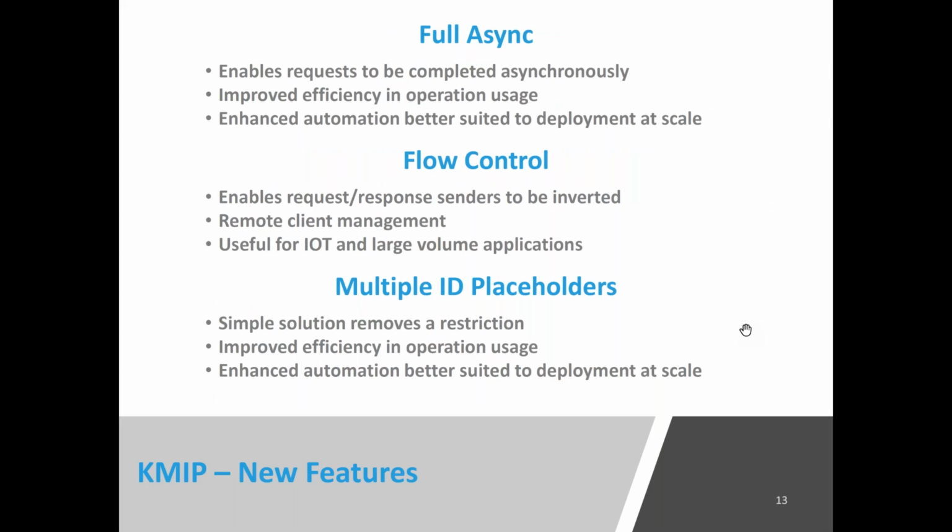Okay, full async. Within the KMIP environment, we have the ability for a server to respond to incoming client requests in synchronous mode or asynchronous mode. In asynchronous mode, an asynchronous correlation value is applied to each request coming in, either singly or in a batch from a client.